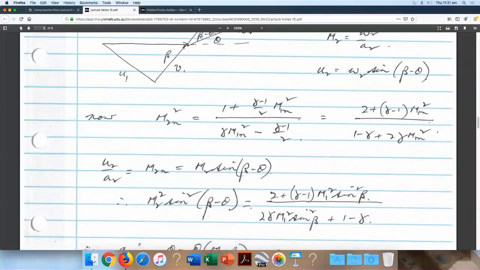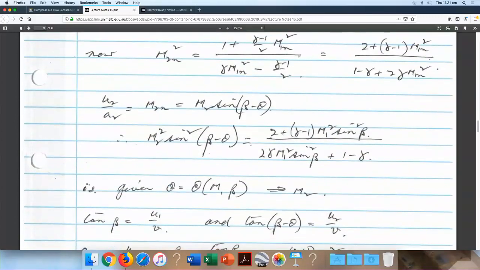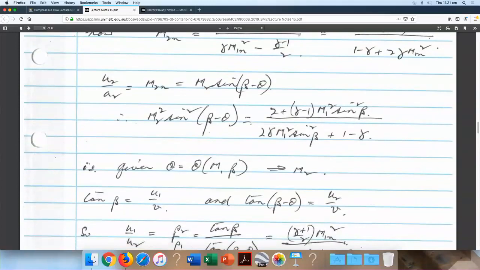Well, U1 over V is tan of beta, and U2 over V was tan of beta minus theta. But U1 divided by U2, the V's will cancel. U1 over U2 will be tan of beta divided by tan of beta minus theta.